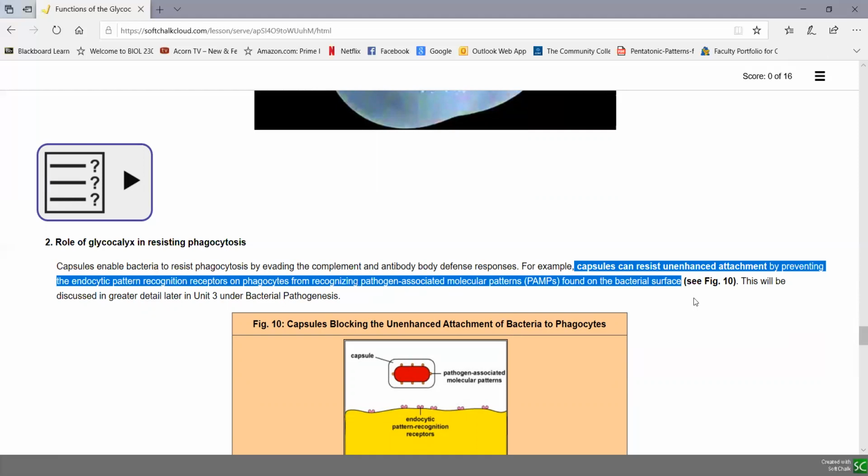And that means since we're not removing the bacteria initially through unenhanced attachment, our first line attempt to engulf the bacteria, the bacteria can continue to replicate and possibly cause harm before we can eventually stick the encapsulated bacteria to phagocytes by enhanced attachment with the antibody IgG.